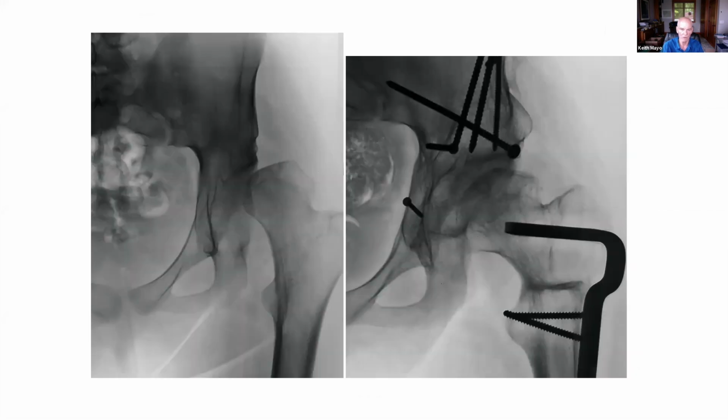And she's now almost 16 years out as well. So you can do a lot. In this case, we're willing to accept some shortening just to keep this now 28-year-old female being able to walk and do transfers.